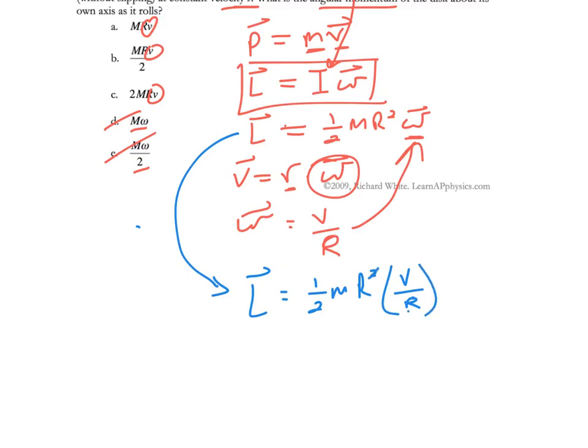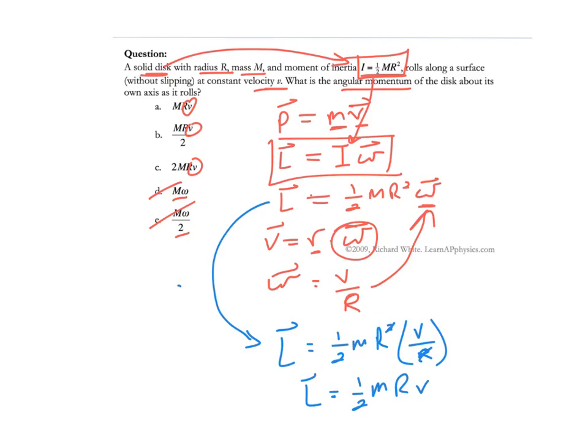When I do that, I can do some simplification, so the angular momentum is equal to 1/2 m r v, since that cancels out. Now I go back and take a look at my answer choices, and it's not that one because I've got 1/2 in front of it. It's not that. The answer must be B.